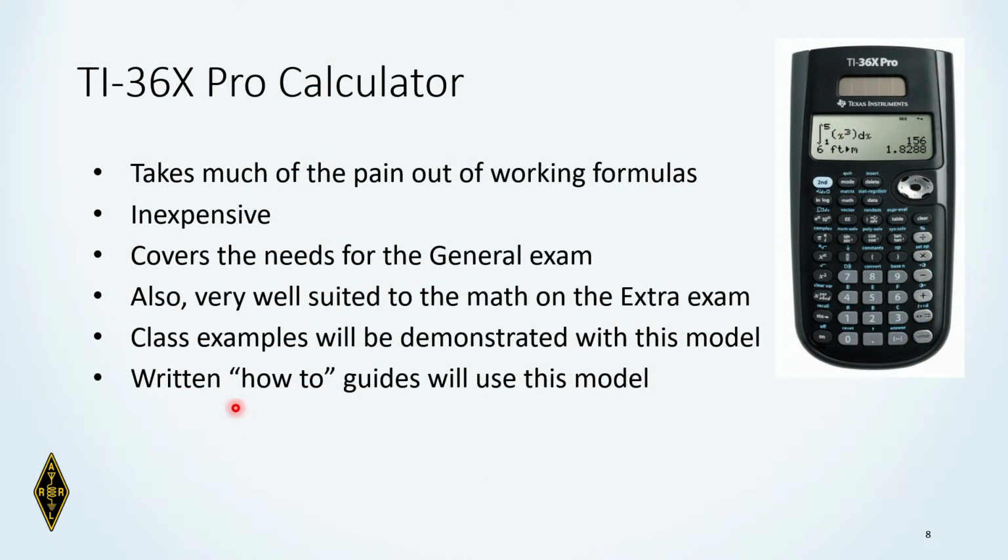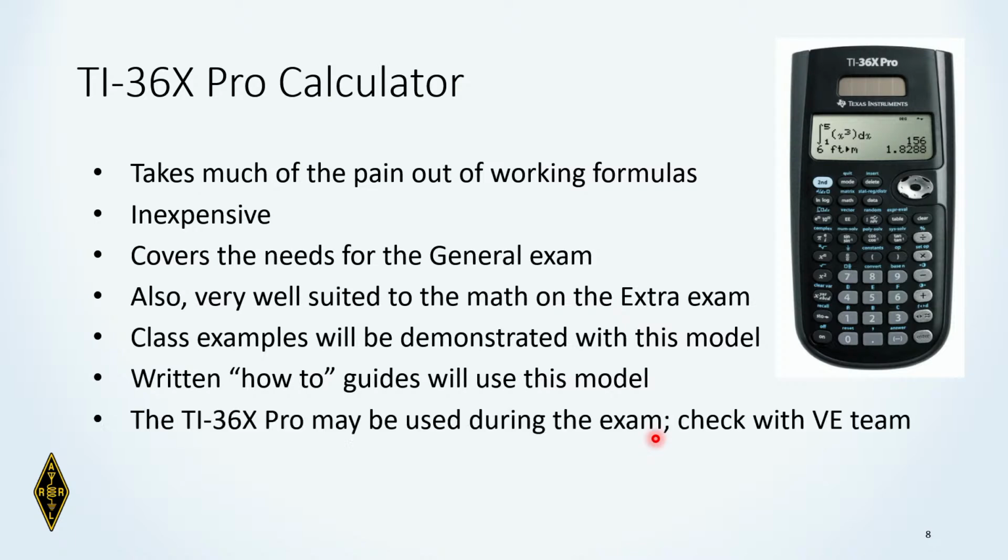And I'm also going to be distributing some how-to guides. There are step-by-step processes to work some of the problems that you'll probably only have to look at once if you get confused about how to enter it. That'll kind of be training wheels to get there. And once you've done it once, it'll be fairly easy to do it after that.